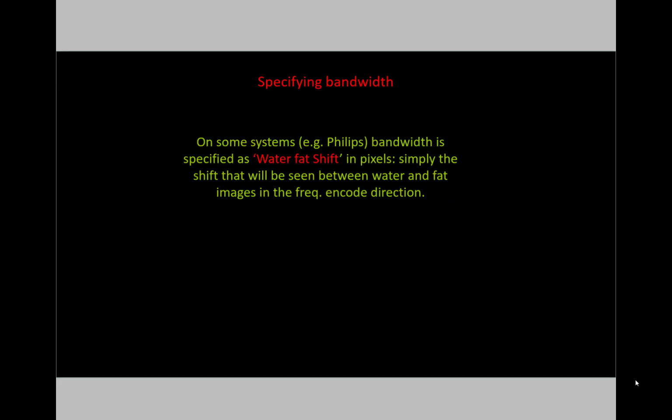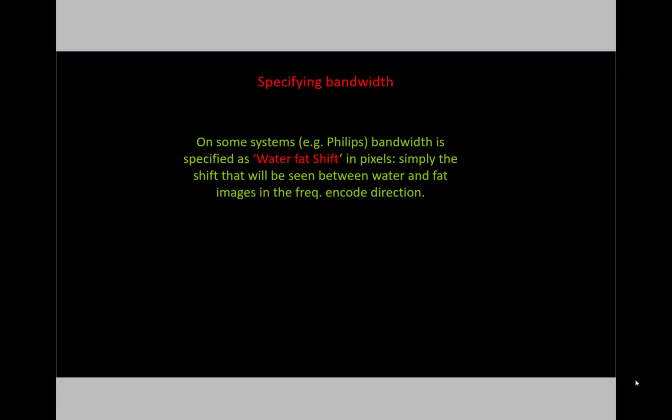Okay, so after all this on bandwidth, you might want to know, if you sit down at the console, how do you actually specify the bandwidth? What's the number or numbers that you put in? Well, it depends on the system. On Philips systems, the bandwidth is specified as a kind of an inverse quantity, which is called water-fat shift.